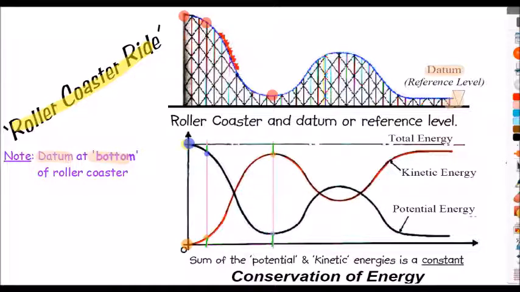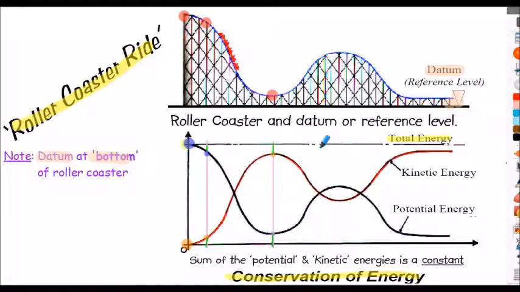And that's an illustration of the conservation of energy, in that the total energy in the system remains constant. What we start the roller coaster ride with, we continue that same level of energy along the roller coaster. It's just that it's transferring between potential and kinetic and back from kinetic to potential.